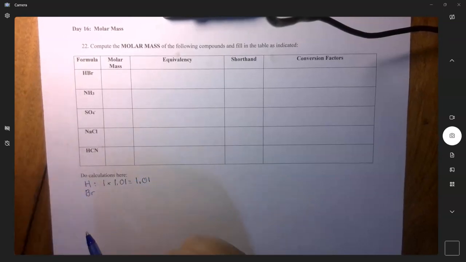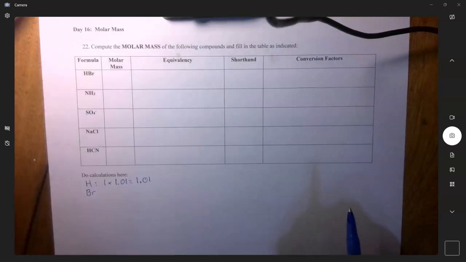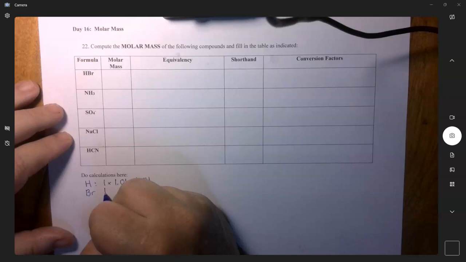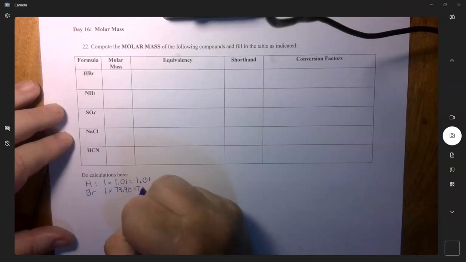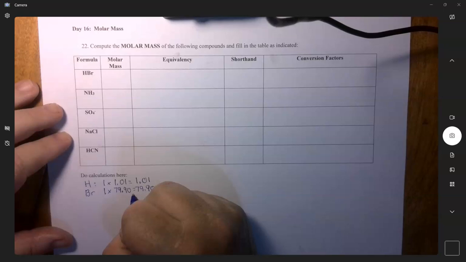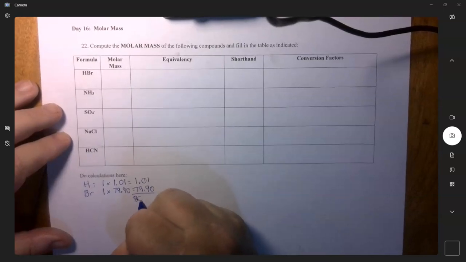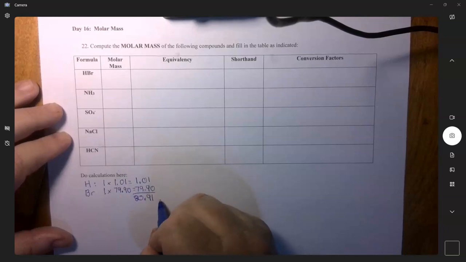All right, and for bromine, come over here. Check it out, 79.90. And there's 1 of those. Okay, when you add those two together, you get 80.91, and it's grams per mole.